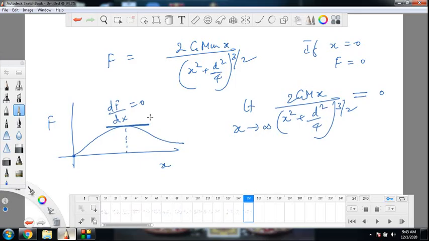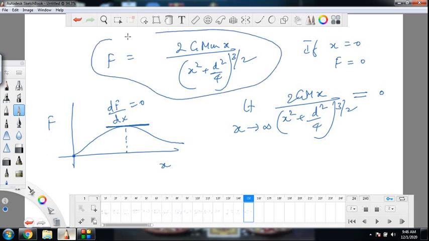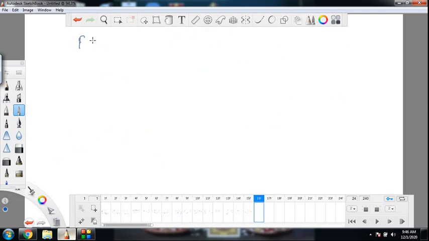So if force is maximum, derivative of force with respect to the variable x here should be 0. So let's equate that. So we have to find dF by dx from here and equate it to 0. So I am doing it on next page. F is 2GMm x by x square plus d square by 4 whole power 3 by 2.